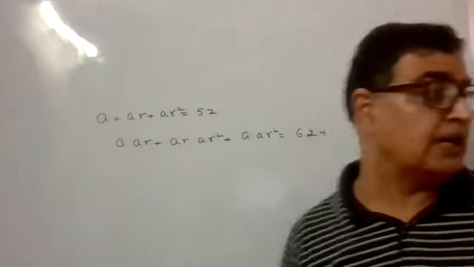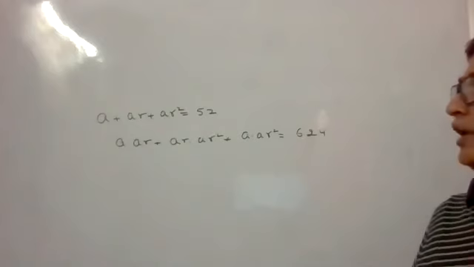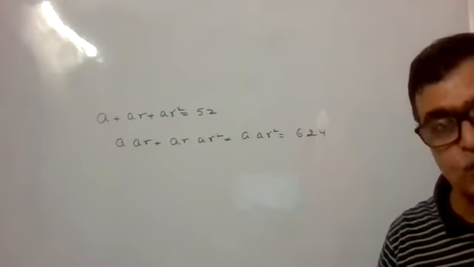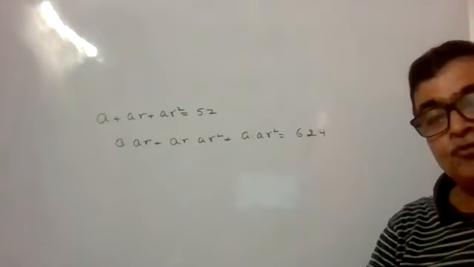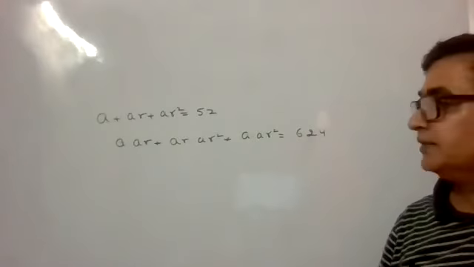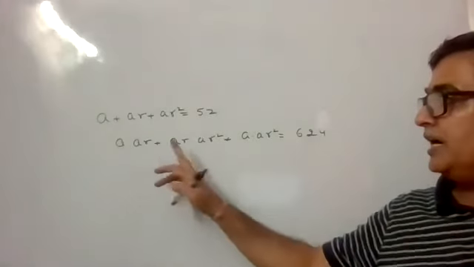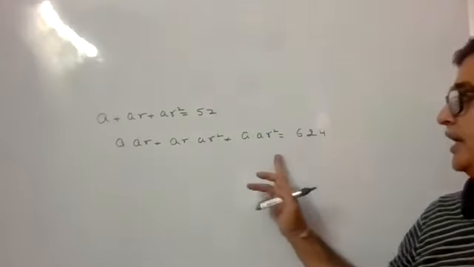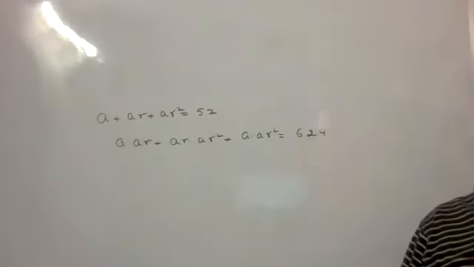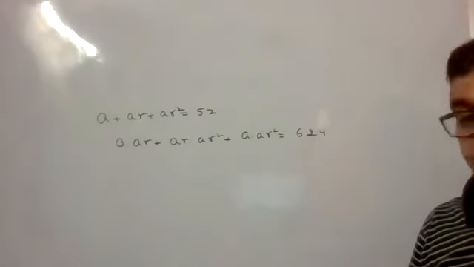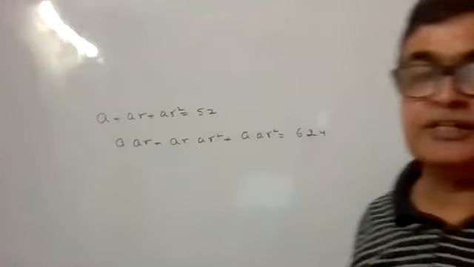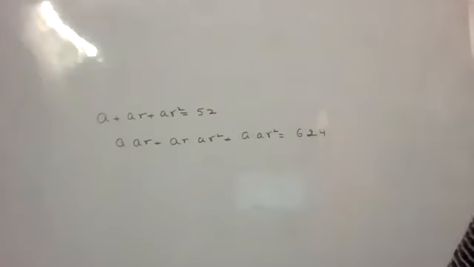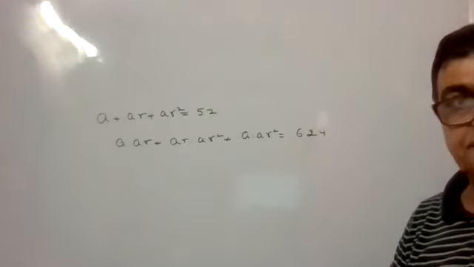Find what the numbers are. Again, the product is not given, so I've taken A, AR and AR square. Sum is given as 52. Sum of their products in pair, A into AR, AR into AR square, A into AR square, is 624. Now we should find out what A and R are, and those three numbers in GP are to be calculated.